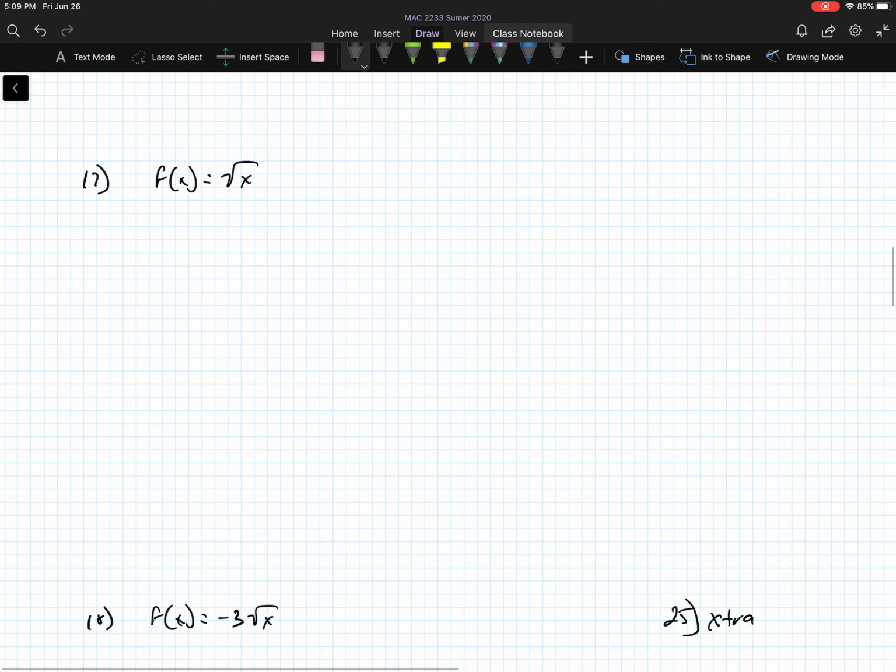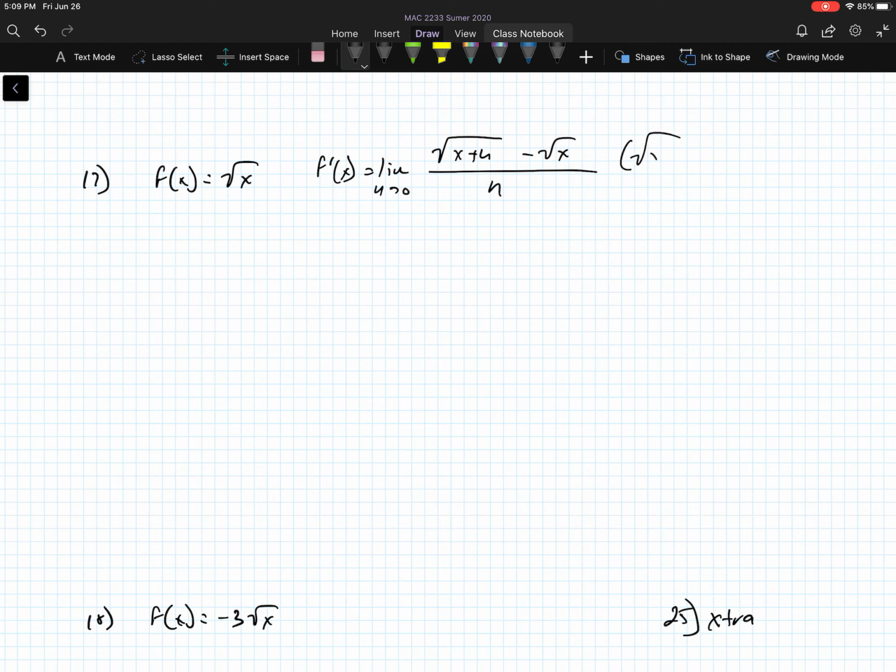So let's look at number 17. So f prime of x would be the square root of x plus h minus the square root of x over h. So what I'm going to do is rationalize the numerator, right? So I'm going to multiply by the conjugate, square root of x plus h plus square root of x.